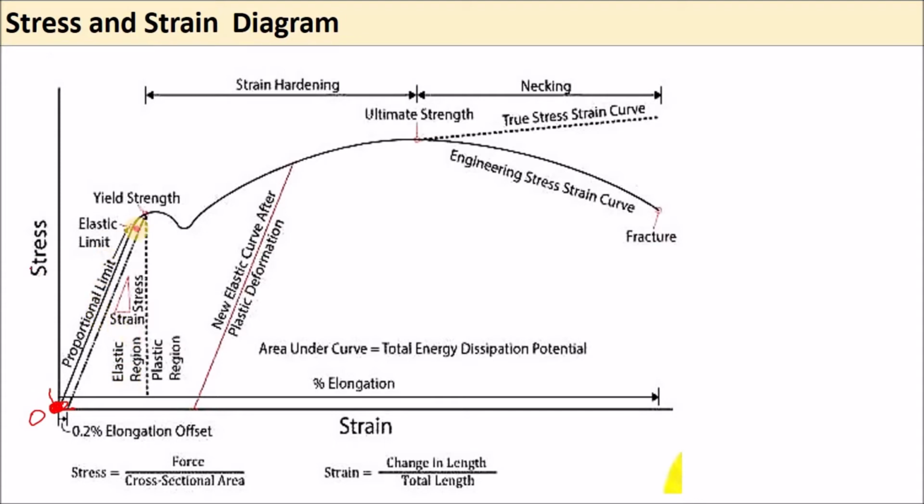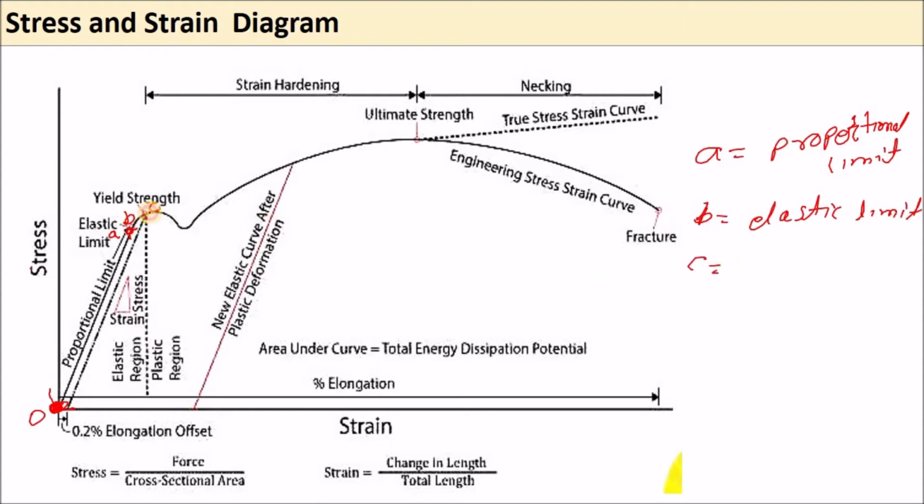Both will be linear, and that will be the proportional limit. Point A is the proportional limit, then point B, then point C. Point B will be the elastic limit point. Then point C is the yield point.